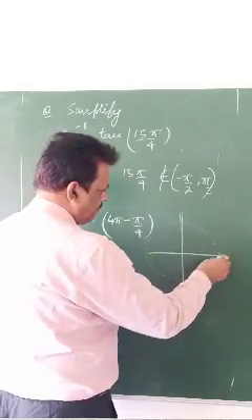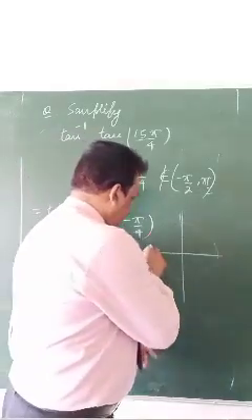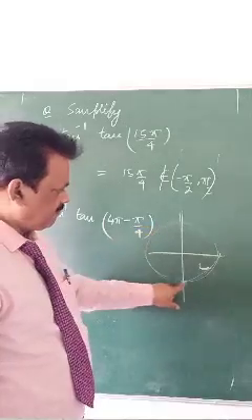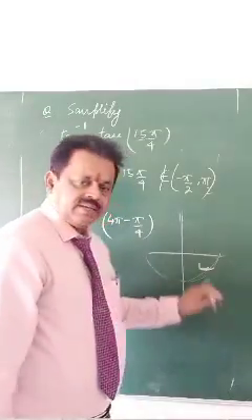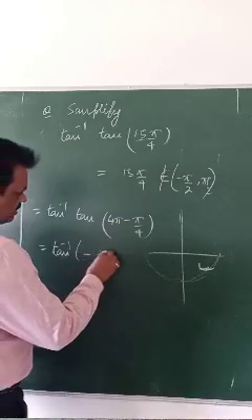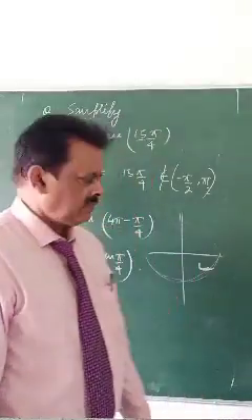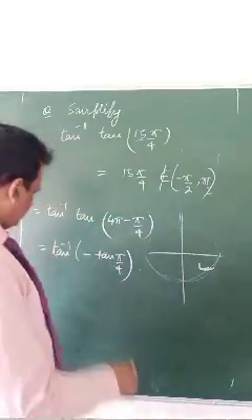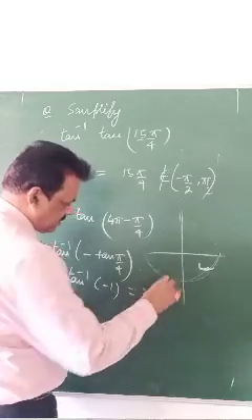This is your 2 pi. 4 pi minus theta falls in the fourth quadrant, where tan is negative, so this will be tan inverse of minus tan pi by 4. That will be tan inverse minus 1 equals, suppose, x.